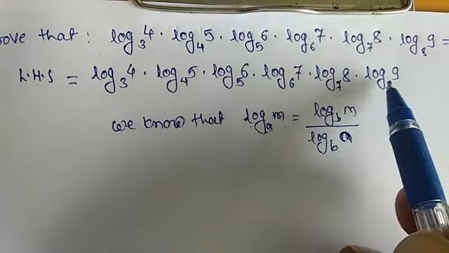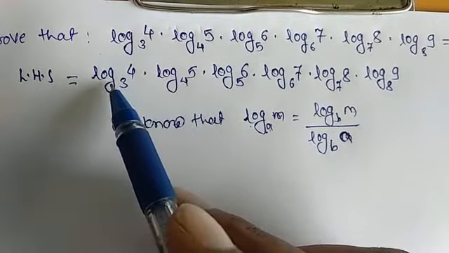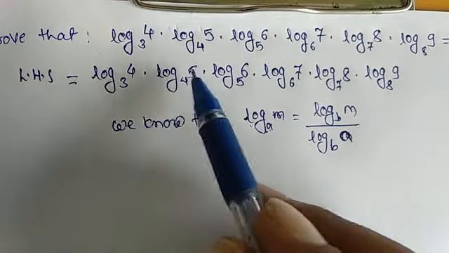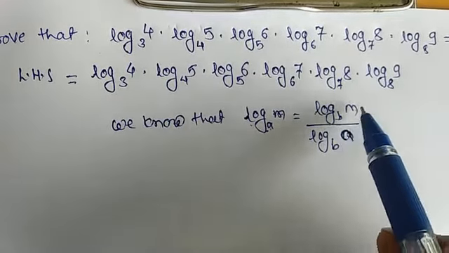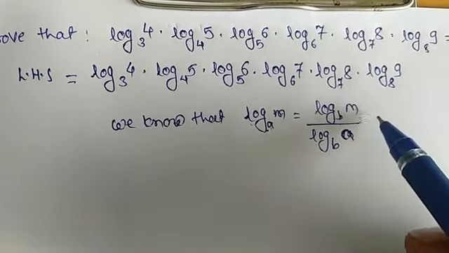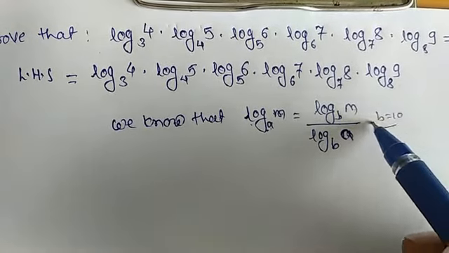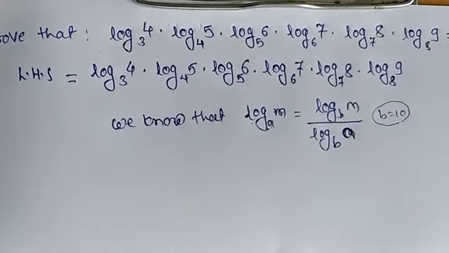So we write all of these, log 4 to the base 3 and the others, in the form of log of m to the base b. Here we consider b is equal to 10, or any base you can choose.